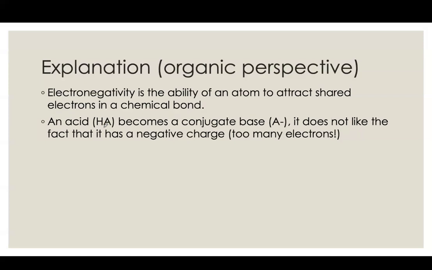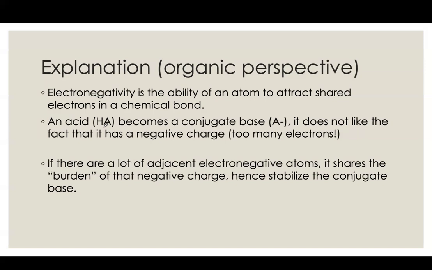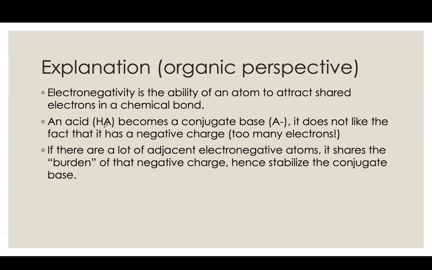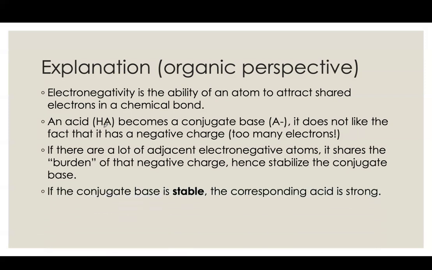There are just too many electrons. If there are a lot of adjacent electronegative atoms, they share the burden of that negative charge and hence stabilize the conjugate base. If the conjugate base is stable, note that stable is not the same as strong, the corresponding acid is a strong acid. So the more stable the conjugate base is, the stronger the acid.